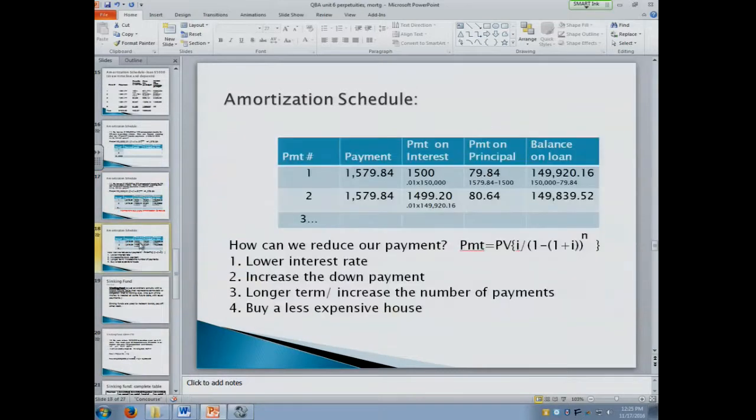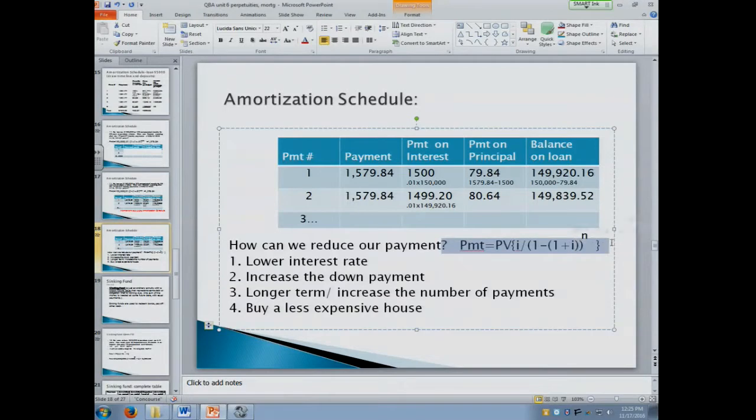Now, let's look at this $150,000 loan. How can we reduce the payment? Let's look at this payment formula. Very important. Let's say my payment was $1,579.84 just for the principal and the interest. I haven't added in taxes and insurance and things like that.